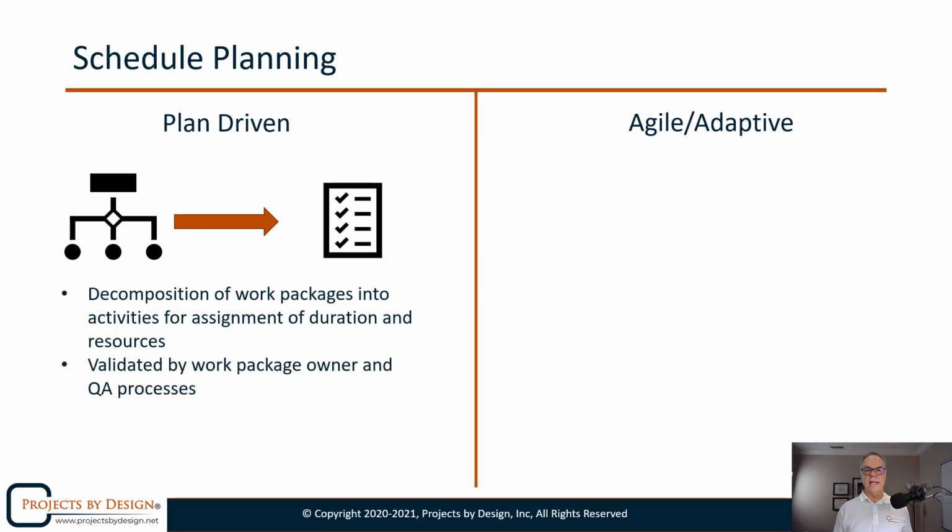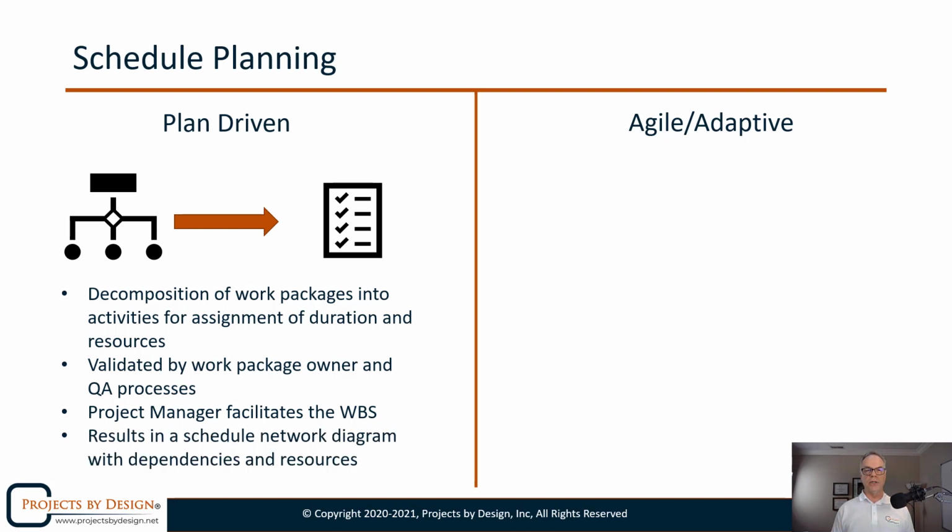We then validate that by the work package owner and our QA processes, and just as the project manager facilitates the WBS, they also facilitate what is actually going to be done in order to deliver. This is going to result in a schedule network diagram that shows dependencies, resources, start date, finish date, all of these things that we can drive the plan with, in a plan-driven approach.